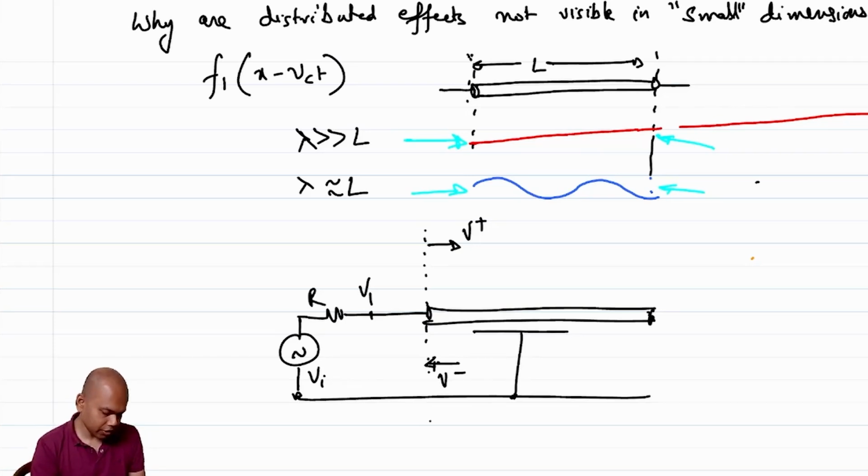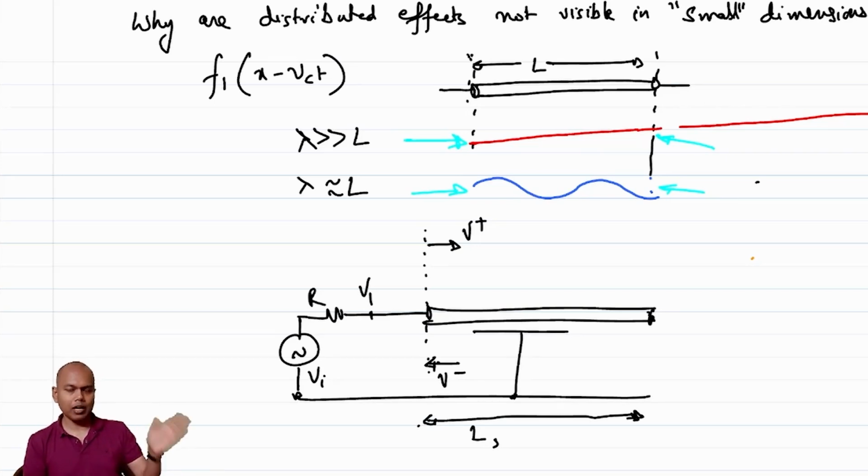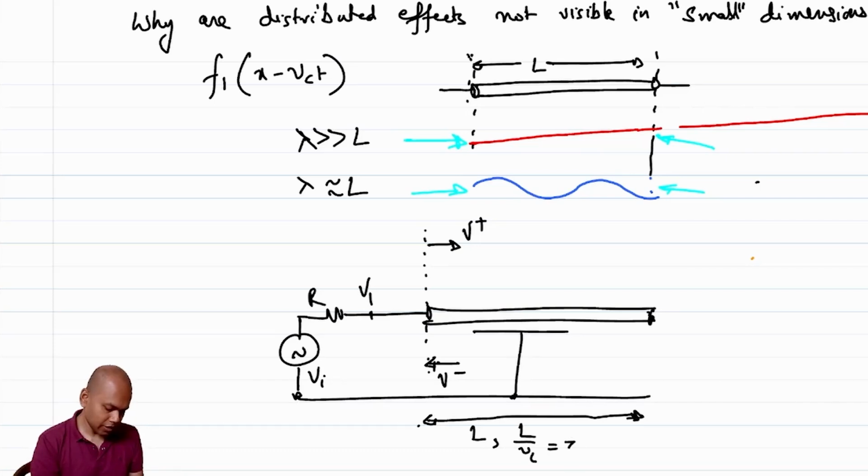Further, let us also assume that the length of this line is l, which means the time the wavefront takes to move from one end of the line to the other is l by Vc, which let's say we call tau. I should not use capital L because that's what we have been using for inductance per unit length. Let me use small l.